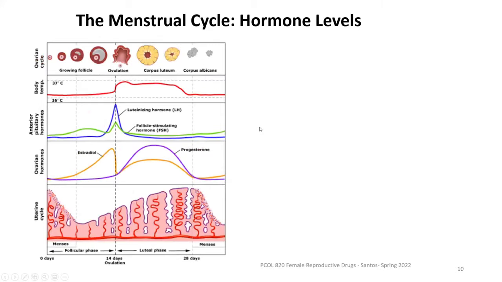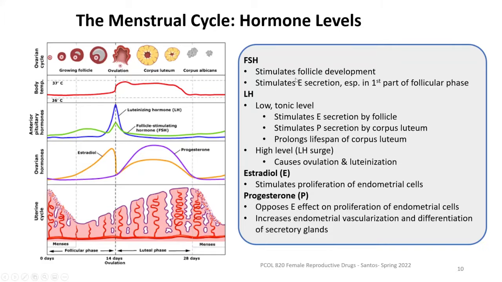Okay, so now let's look into the menstrual cycle for us to understand the use of the contraceptives. Here on the top we have the changes in the ovarian cycle, where you see the ovule that starts to mature, the growing follicle, and then finally the ovulation that occurs 14 days, halfway through the menstrual cycle.